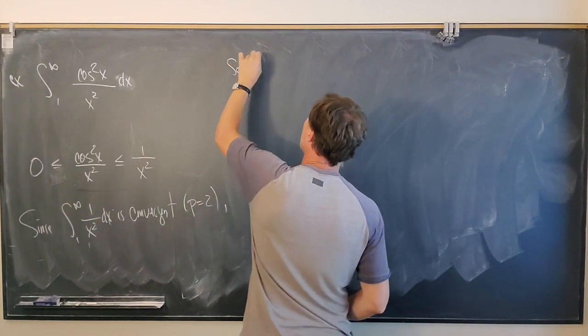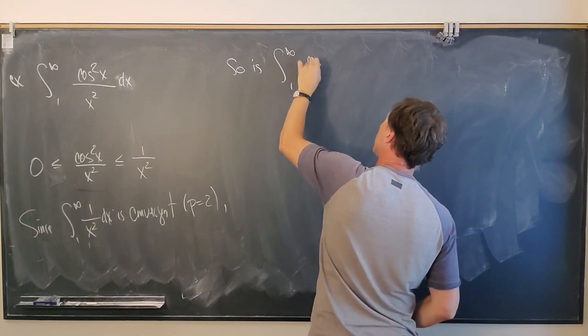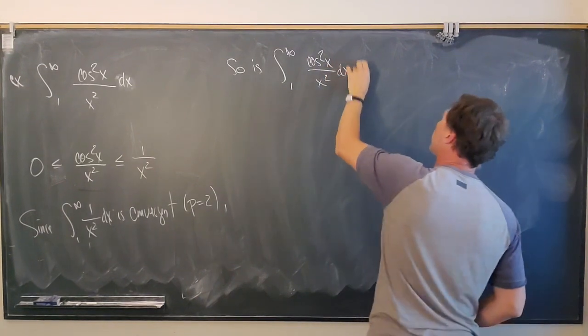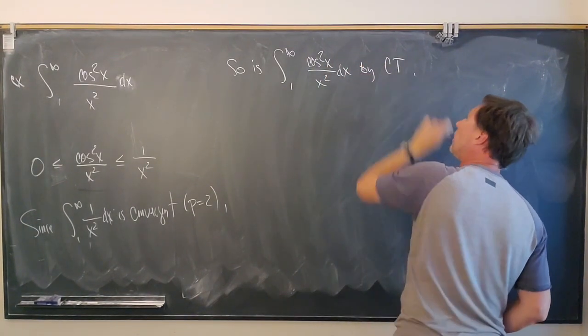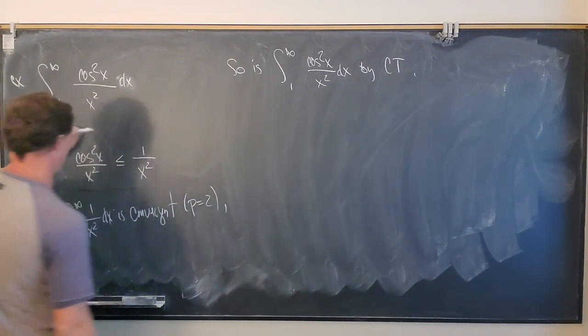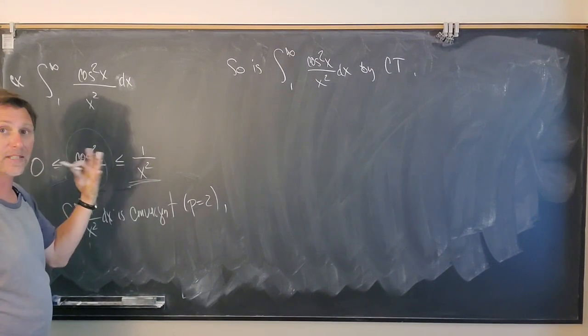So is the integral from 1 to infinity of cosine squared x over x squared dx, by the comparison test. We showed that our integrand is smaller than one that we know converges. So ours has to converge.